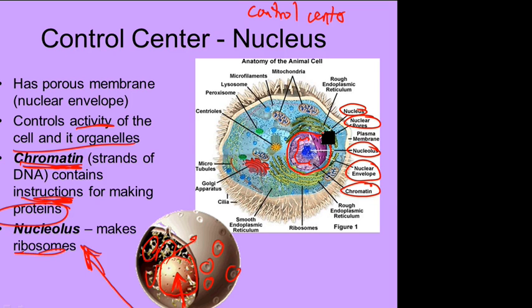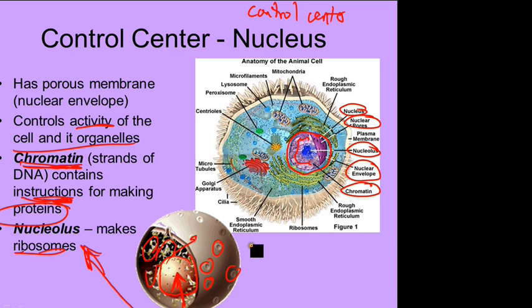The nucleolus uses the instructions of the chromatin to produce ribosomes. Yes. And ribosomes make proteins.